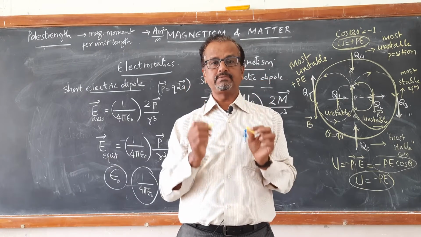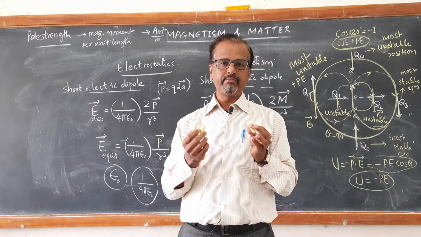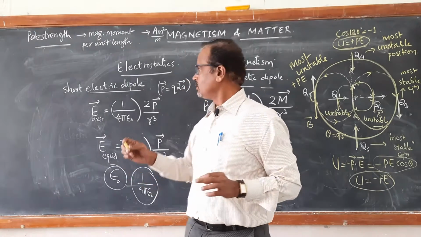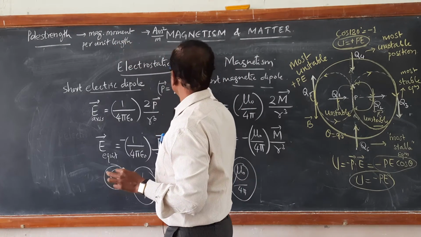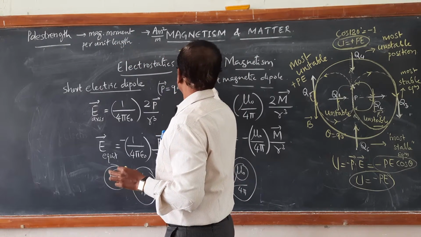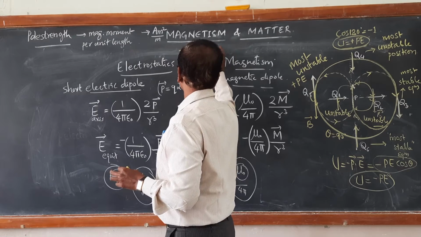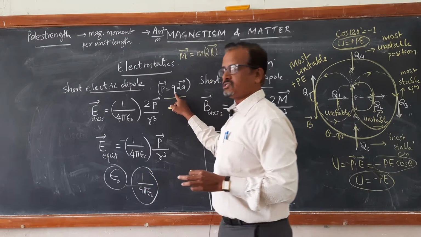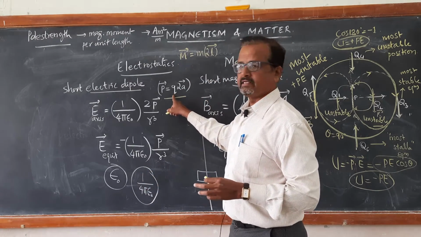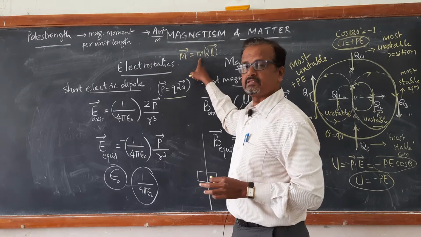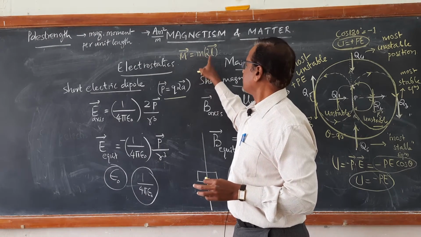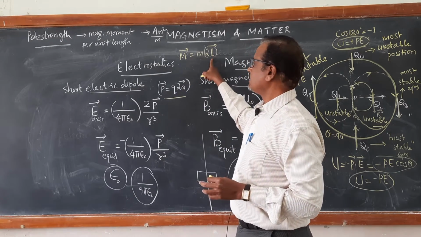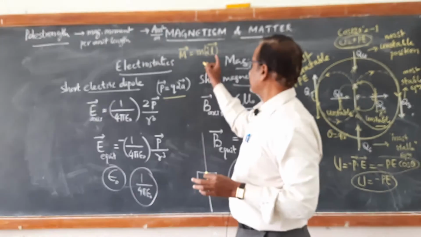Then what happens to its magnetic moment? Definitely the magnetic moment will be reduced to half, because the length is reduced to half. We know the magnetic moment is given by m into 2L. As we have written, the charge in electrostatics is replaced by the pole strength m of the magnet, and 2a, the length of the electric dipole, is replaced by the length of the magnetic dipole 2l.